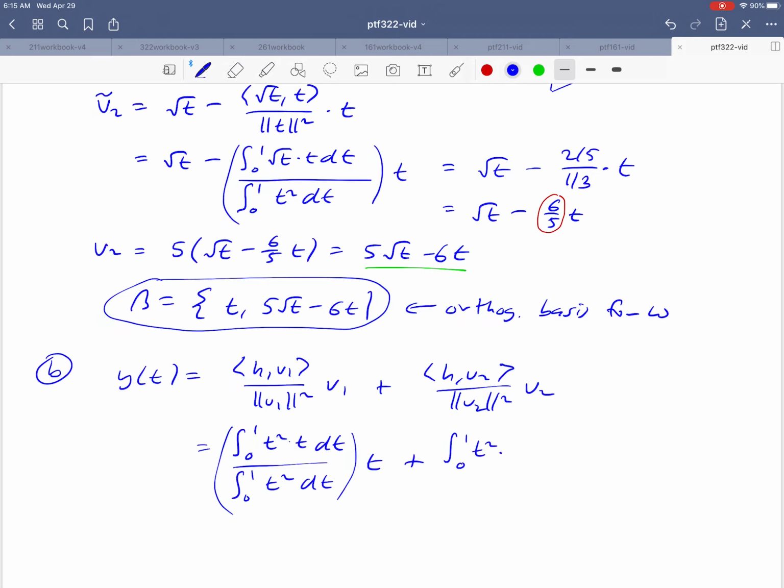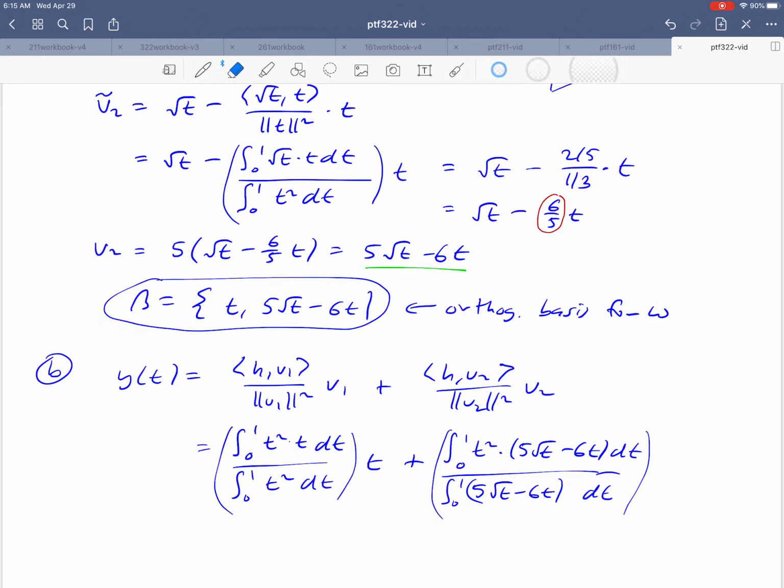That vector looked like 5 square root of t minus 6t, okay, over the inner product of v2 with itself. Okay, which is going to look like that. Okay, and all of that's going to get multiplied by the second vector in our orthogonal basis. So 5 square root of t minus 6t.